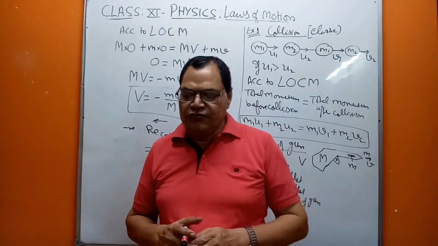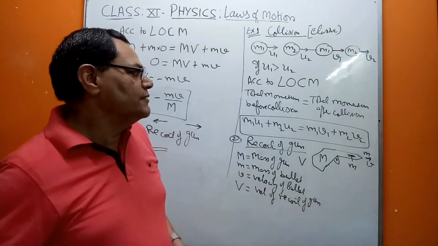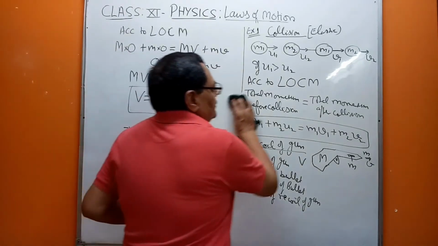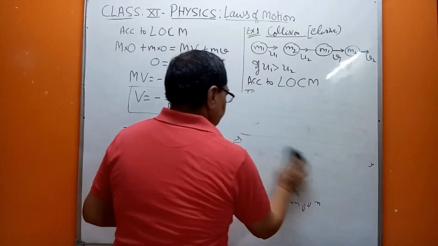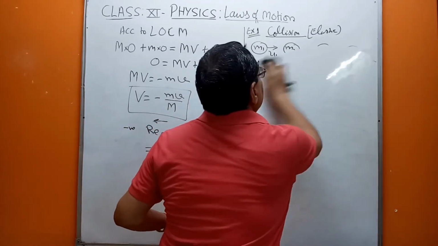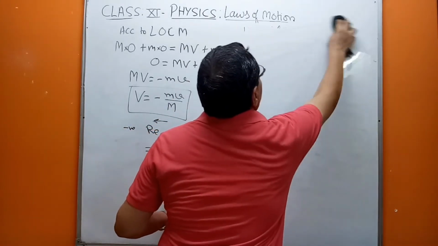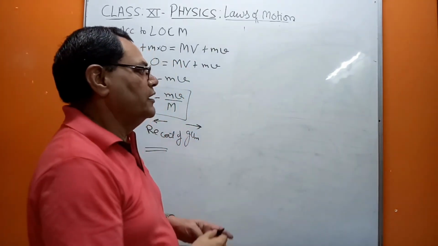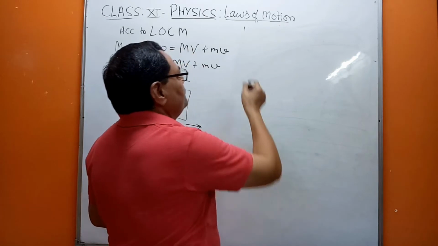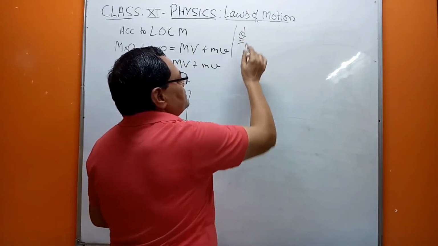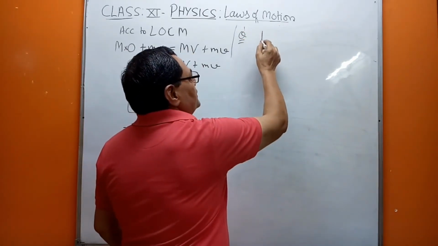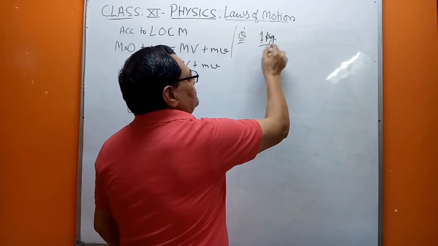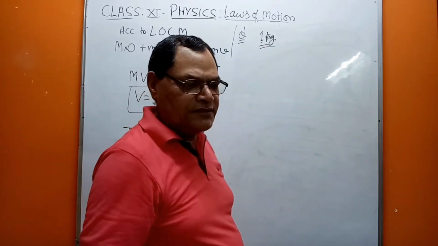So now we can take some examples or questions based on this. A very important question we can take is this: there is a body of mass 1 kg.